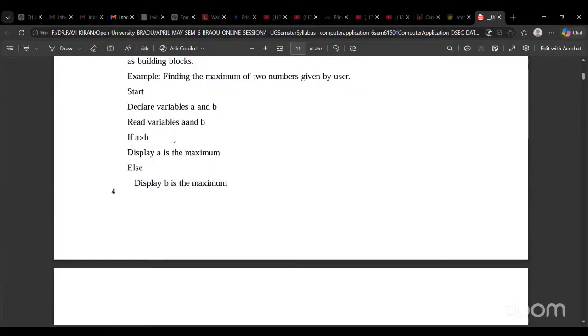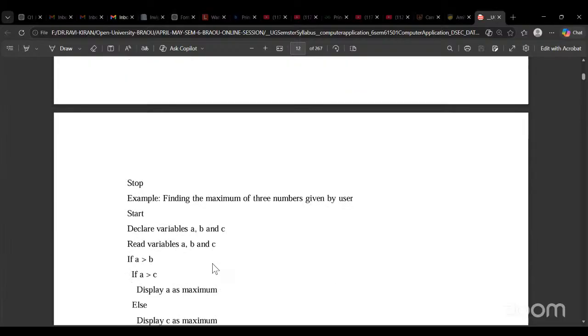Display A is the maximum. Else display B is the maximum.